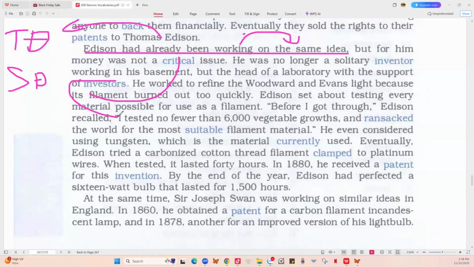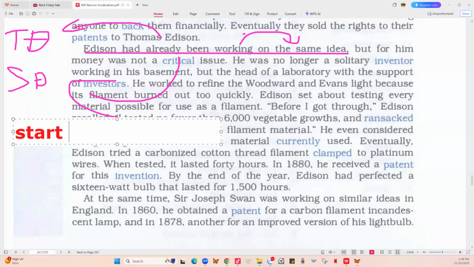So Edison had started working before and work here, work what? He worked at the company, he worked at the factory, or he worked where did he work? And what did he do? What did he do in his work?